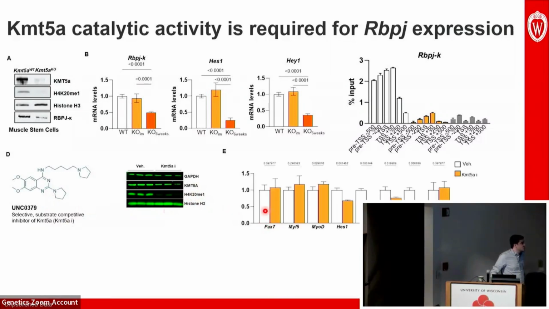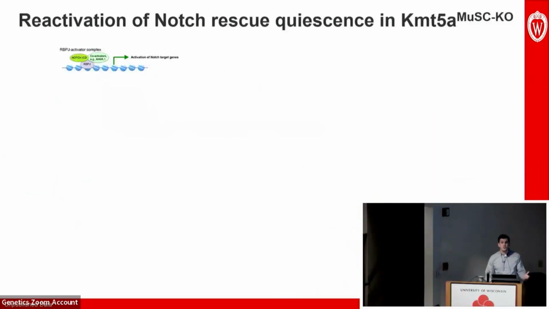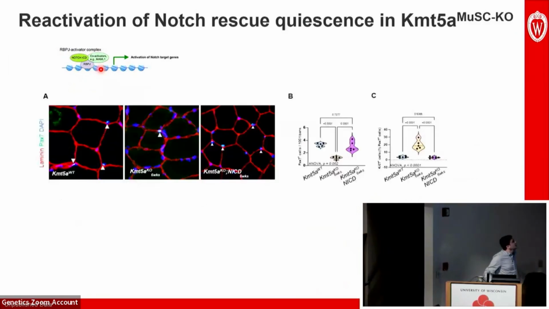And so same thing here, we showed that some myogenesis genes aren't affected, which really means that KMT5A is not directly regulating myogenesis, but is regulating Notch genes specifically, including S1A1 and RBPJ. At this point, we thought that maybe reactivating the Notch signaling would prevent the loss of quiescence. So we used a mouse that overexpressed, in the Rosa locus, the intracellular domain, or Notch ICD, NICD.